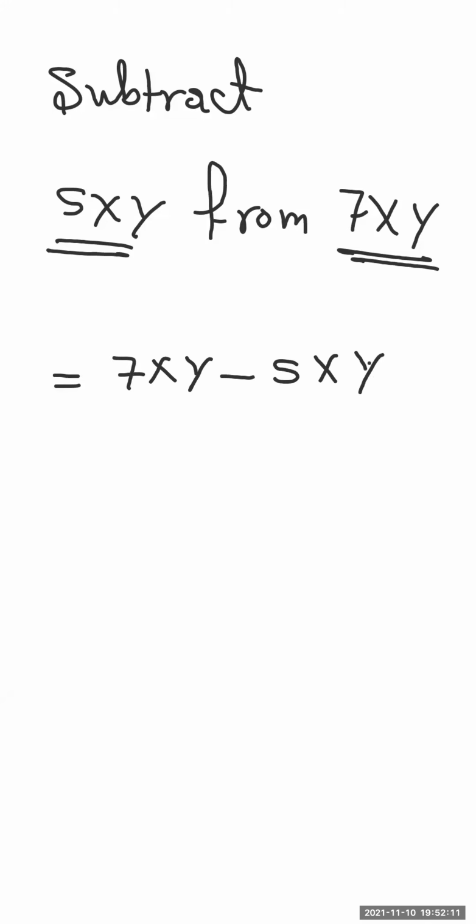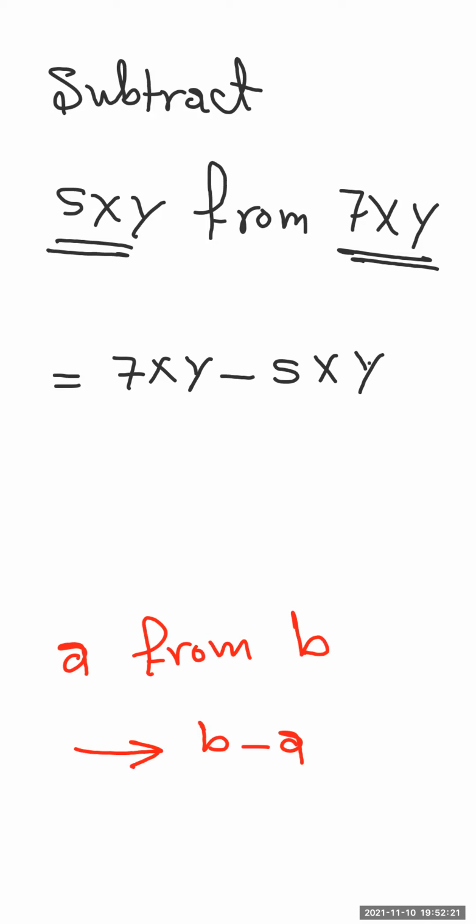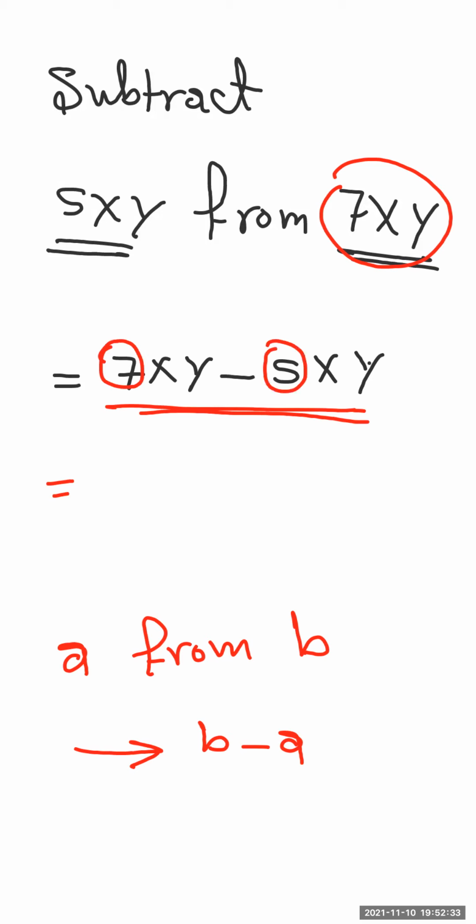Here in this question, if I want to subtract a from b, this means it's b minus a, right? So subtract the first from the second, so second minus first. So it will equal 7xy minus 5xy, 7 minus 5 equal 2, then xy. Okay, clear?